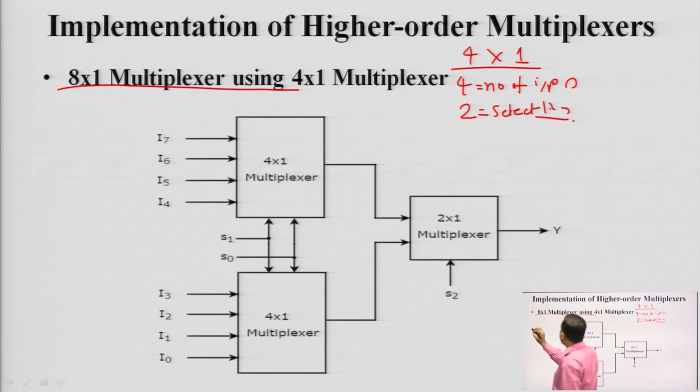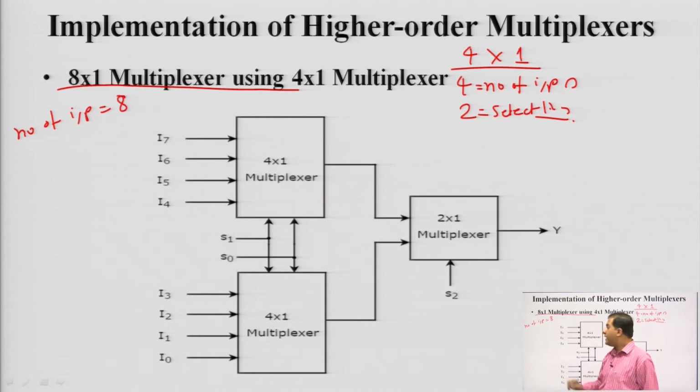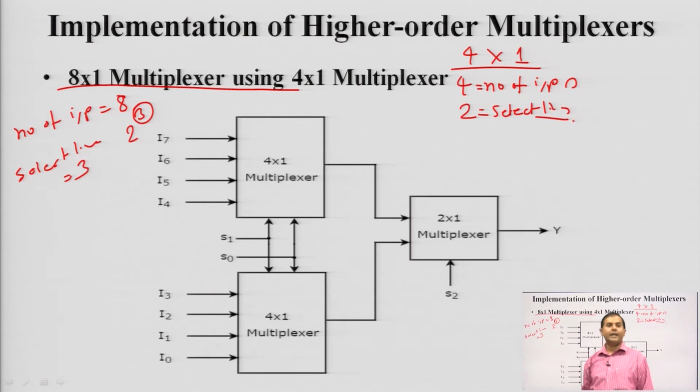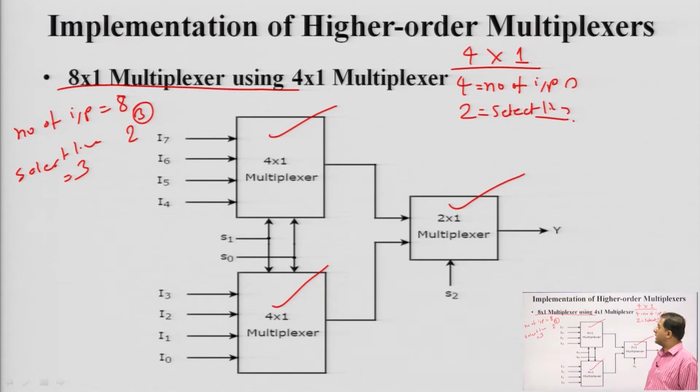For 8 cross 1 the number of inputs will be 8, and 8 is 2 to the power 3, so there will be 3 select lines. But in 4 cross 1 only 2 select lines are there. So, we will take 2 4 cross 1 multiplexers and 1 2 cross 1 multiplexer to implement this. How are we going to do this?